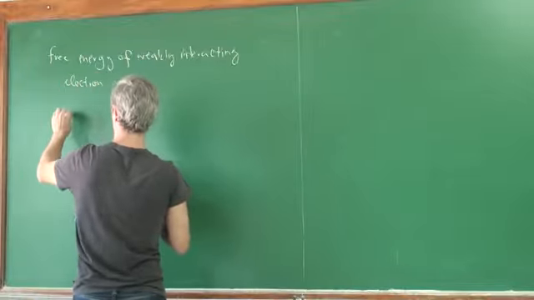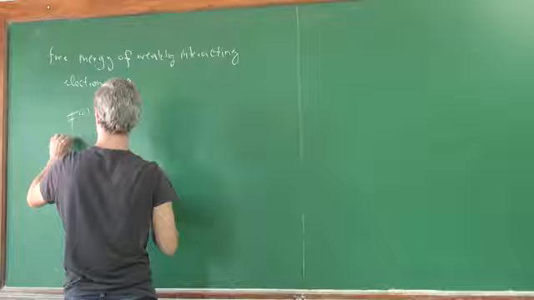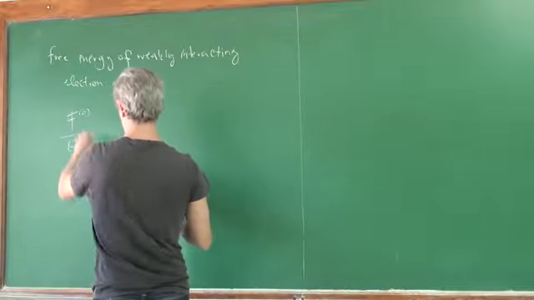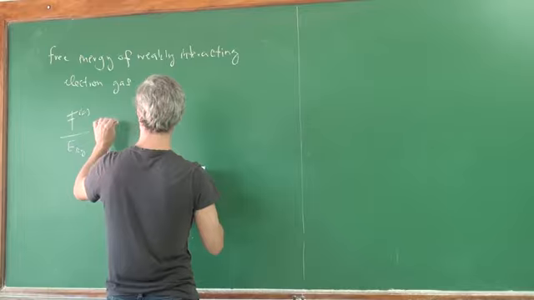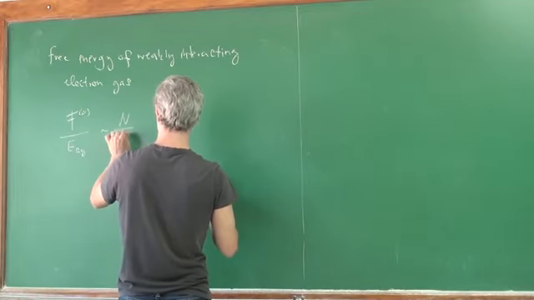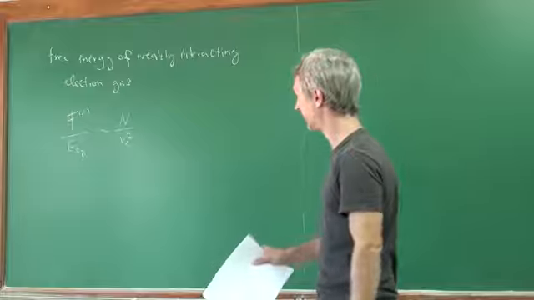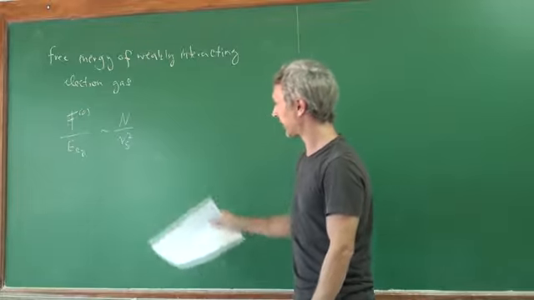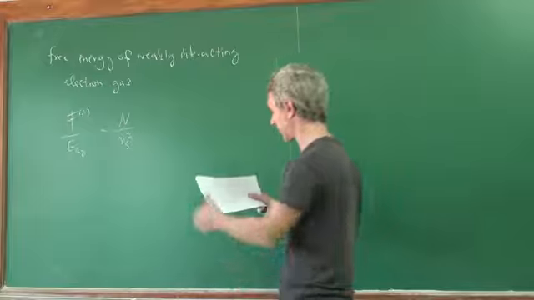What we did is we calculated the free energy of the non-interacting electron gas, and we saw that it is natural to measure this in units of the Rydberg energy, and then found that this is proportional to n. Then we had this dimensionless parameter Rs, which told us if we are in the weak or the strongly interacting case, and this Rs is related to the density, so at large densities we are in the weakly interacting case.